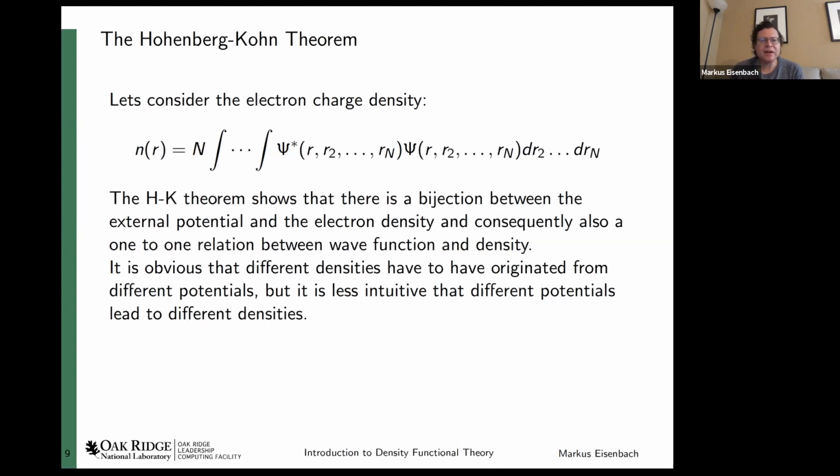It is quite obvious that different densities have to originate from different potentials. So one direction of the bijection is really trivial, but it is certainly much less intuitive that different potentials actually have to lead to different densities.